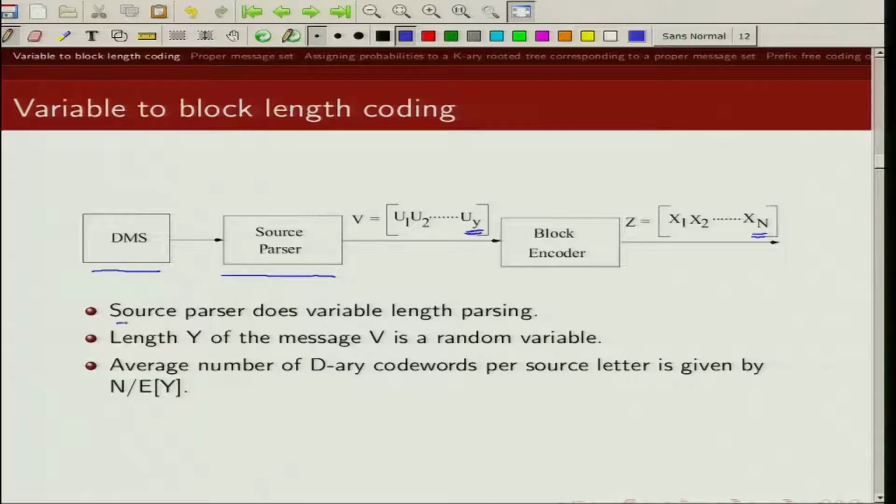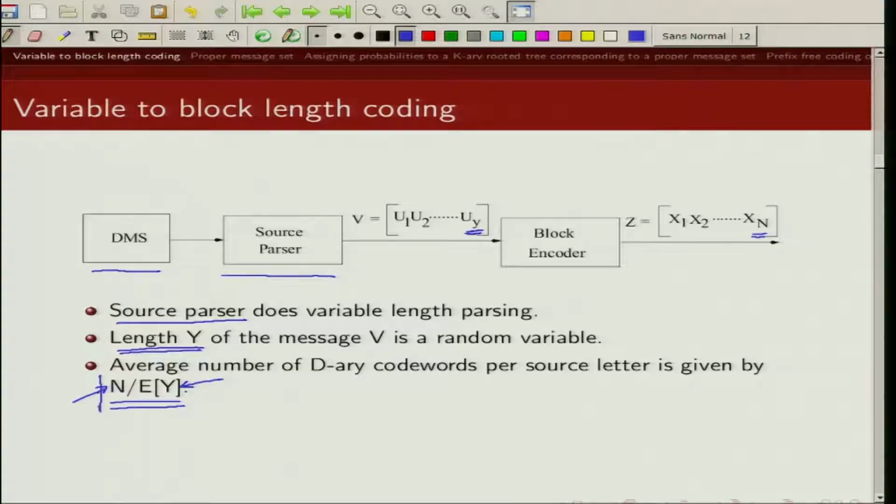Our objective is to design a source parser which will do this variable length parsing of the input bit stream, and our input block size Y is a random variable. Ideally we would like Y to be large, because n is fixed, and the average number of bits for the code word per source letter is given by n divided by the expected value of Y, because n is the output code word length and the expected value of Y is the expected input block length to this block encoder.